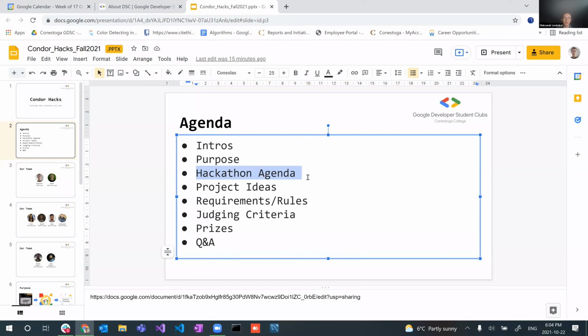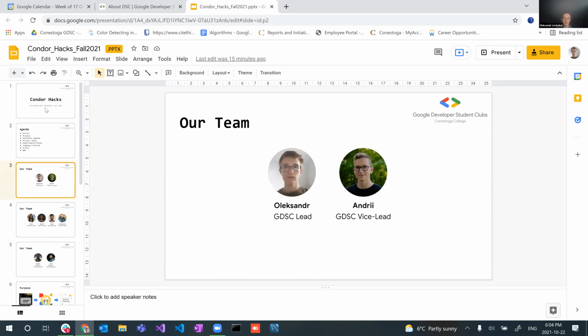We will talk about the hackathon agenda, what the hackathon will consist of, and I will give you some project ideas that you might want to explore, along with requirements and rules for the hackathon itself, and then judging criteria, prizes, and Q&A at the end. So that's about it. Then I'll probably start.